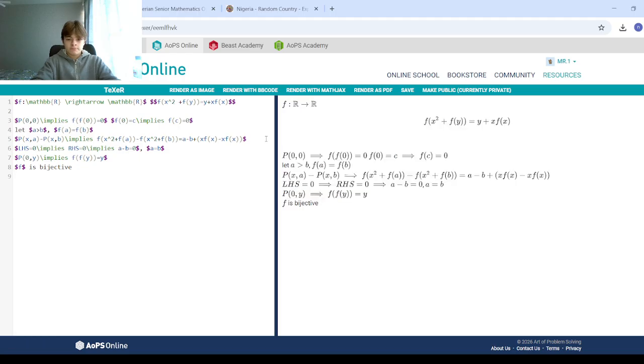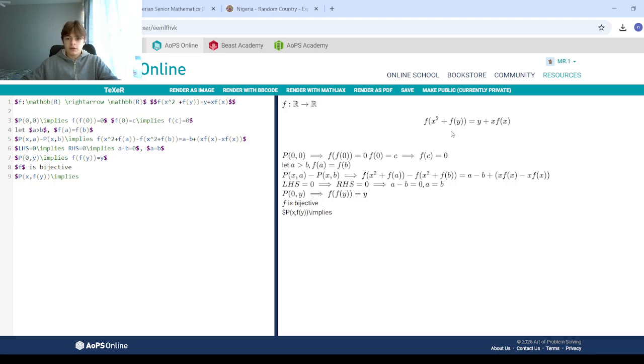Okay, now since we have this, I will try to do this, because we know that f(f(y)) is equal to y, so right here this will become y.